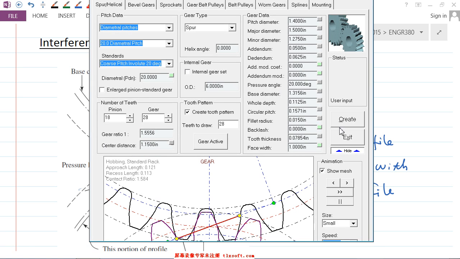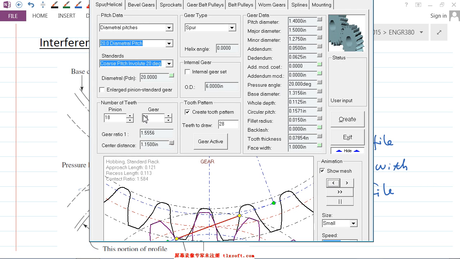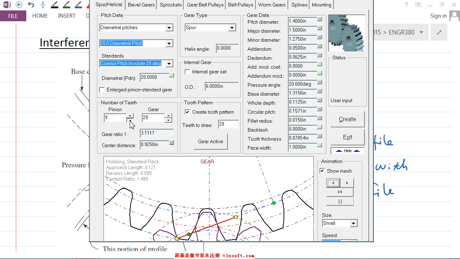Again, the projector is not showing everything, so it's a little hard to demonstrate. But look at this. If I reduce the number of pinion teeth, watch the green dots and the yellow dots. The yellow dots are the start and end of engagement points.